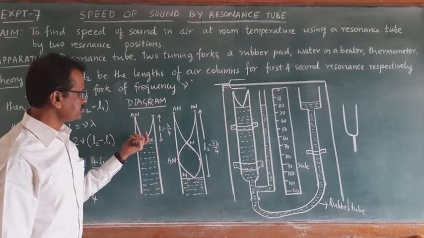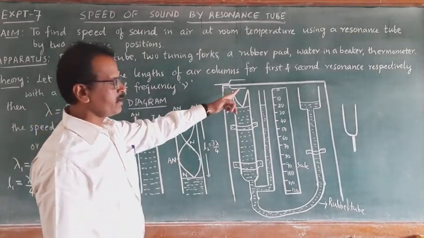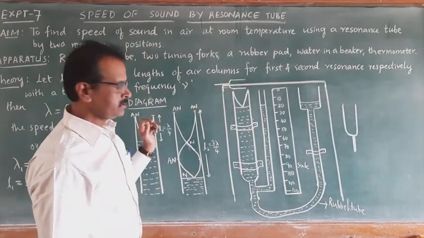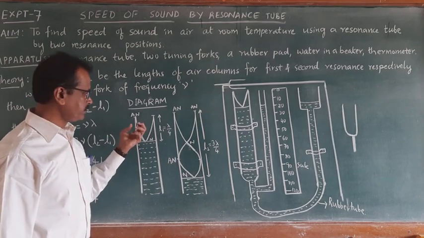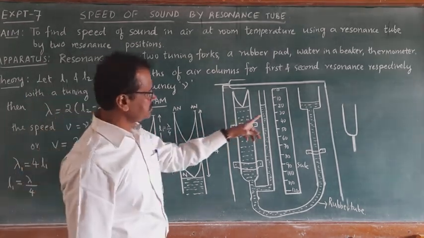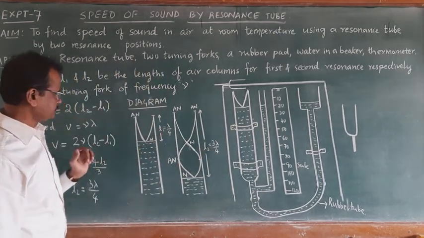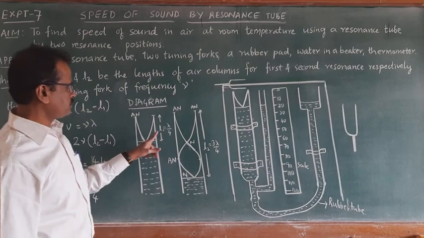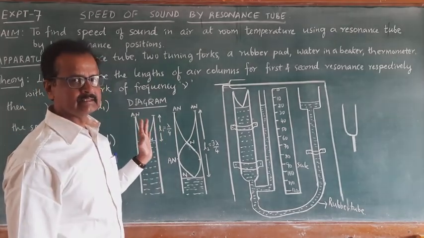When the frequency of vibrating air molecules matches with the frequency of vibrating tuning fork, we listen to a very loud sound. When we listen to loud sound, then we note down that length. That length we are noting down as L1. So this is the first resonating length.